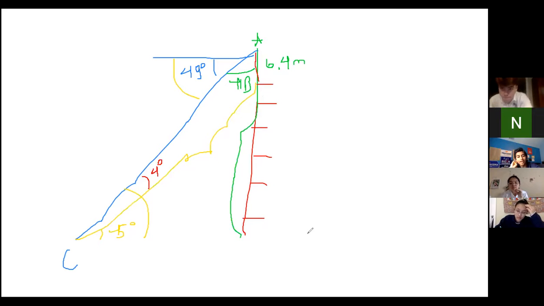Can you explain how you know that is 41? That one's 41 because at the top, that blue line that comes across from the cell tower and the cell tower make a 90-degree angle. Oh okay, so the two pieces, you just add them together.